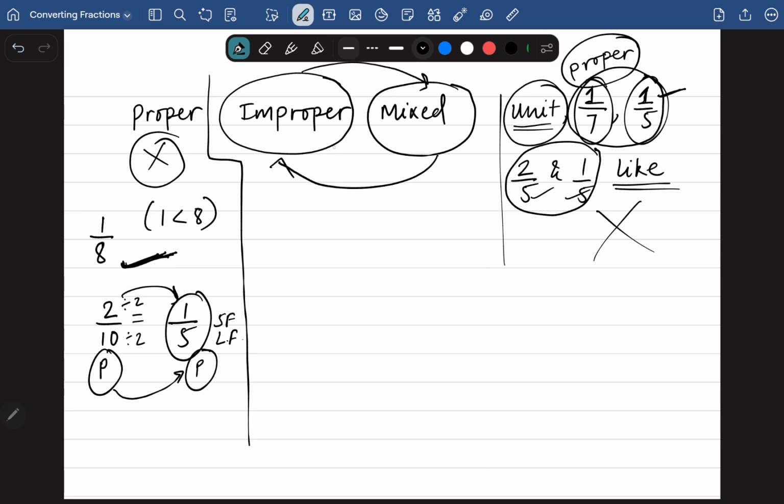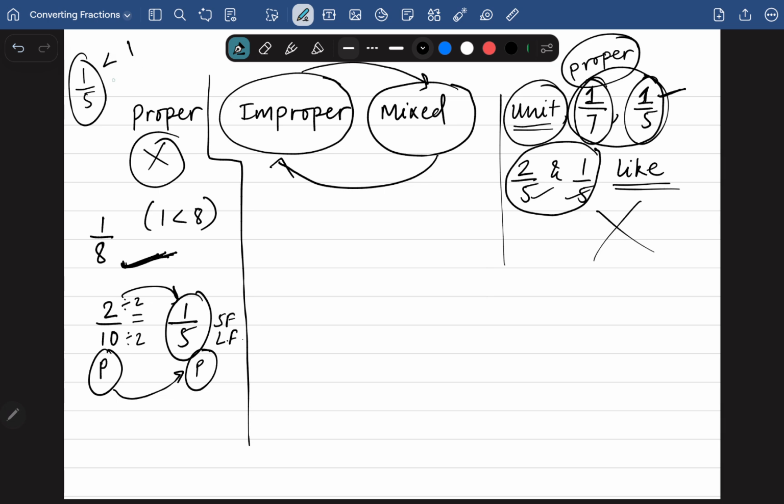The actual thing that happens in converting fractions is we have to convert improper fraction into mixed fraction, or mixed fraction into improper fraction. You may know that a proper fraction, if we convert it to a decimal value, will always be less than 1.